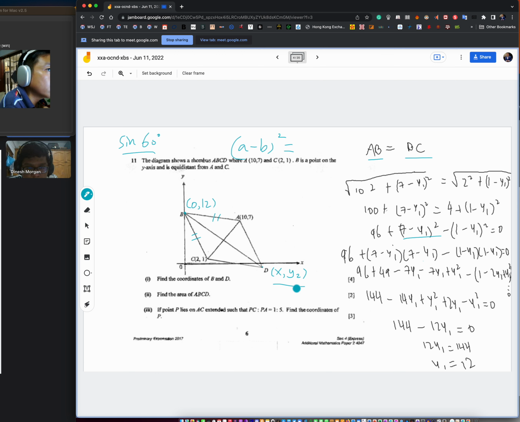You use the midpoint theorem concept to solve this x and y2 for the point d. Do you remember that? Yes.